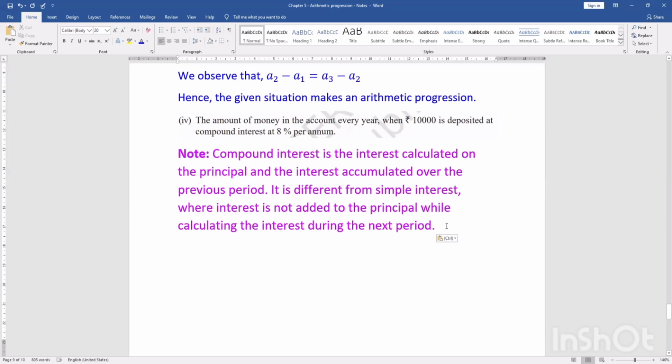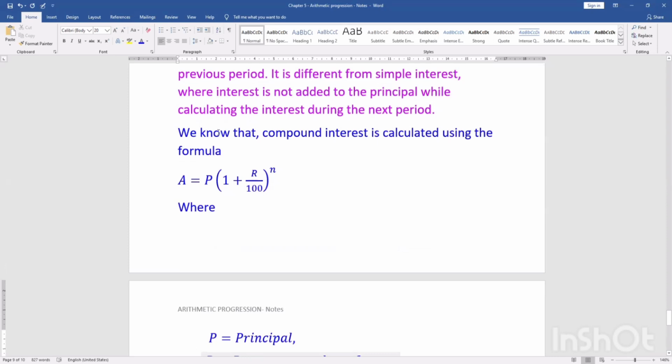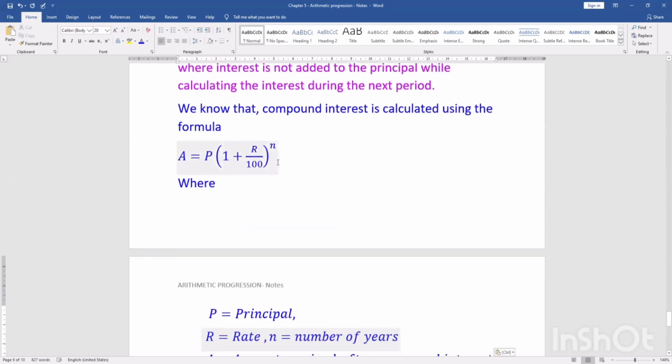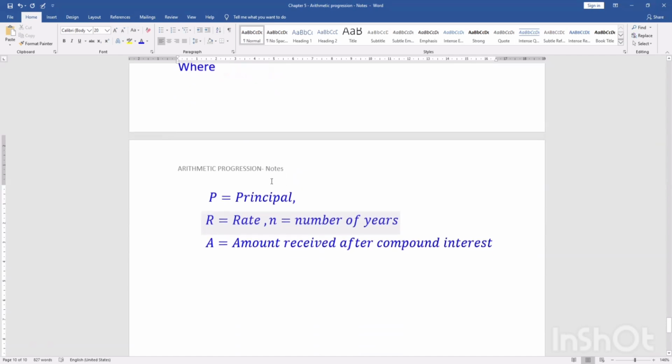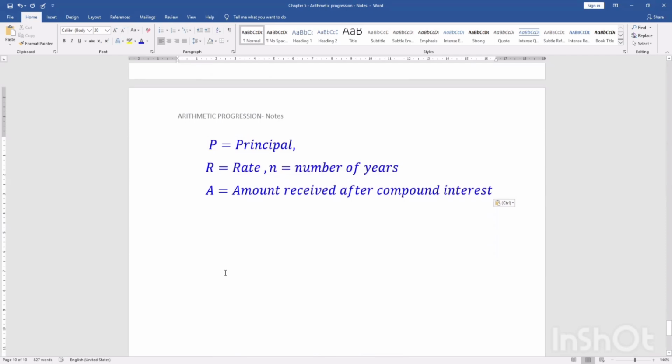So that becomes the compound interest. We know that compound interest is calculated using the formula A equals P into 1 plus R over 100 whole power N, where P is the principal, R is the rate, N is the number of years, and A is the amount received after compound interest.